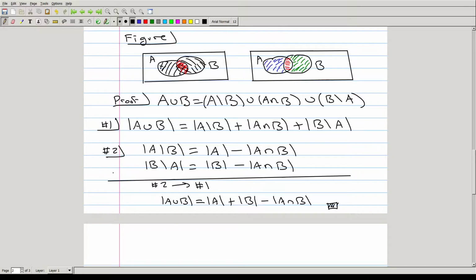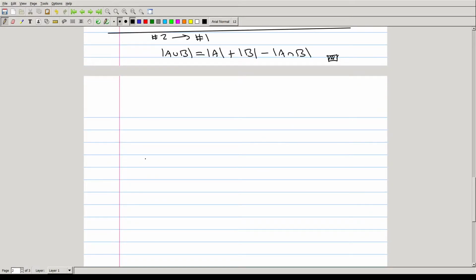It's important to note that we can also write down the inclusion-exclusion principle for any number of sets, so 3 sets or 4 sets.